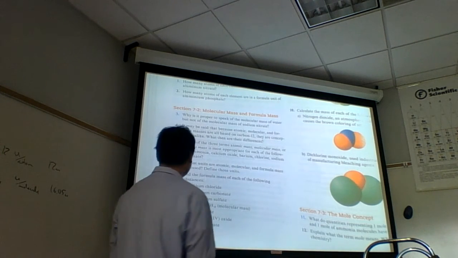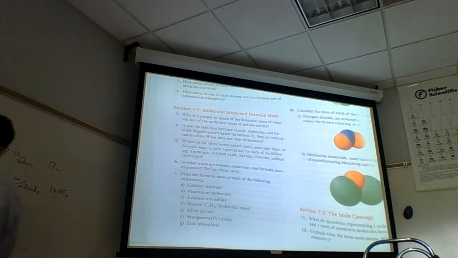It's 22.99, and then chlorine, I have memorized, 35.45. And so we get 58.44. One unit, that is one sodium and one chlorine, is going to be 58.44 u per formula unit.